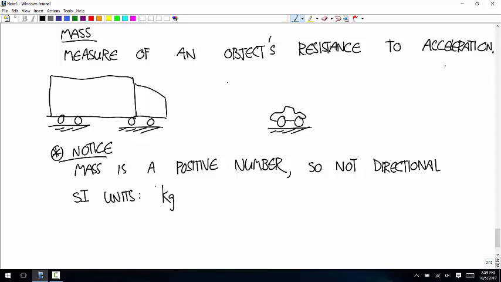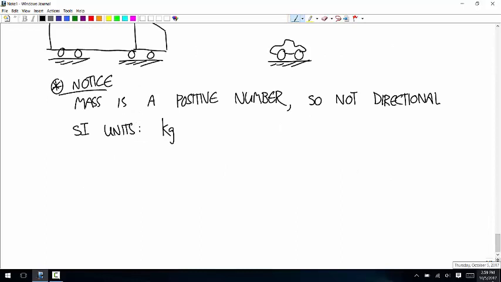And then the little bit more complicated new quantity that we have that you can think of as a cause of motion is force. Force is a vector, so it does have direction.